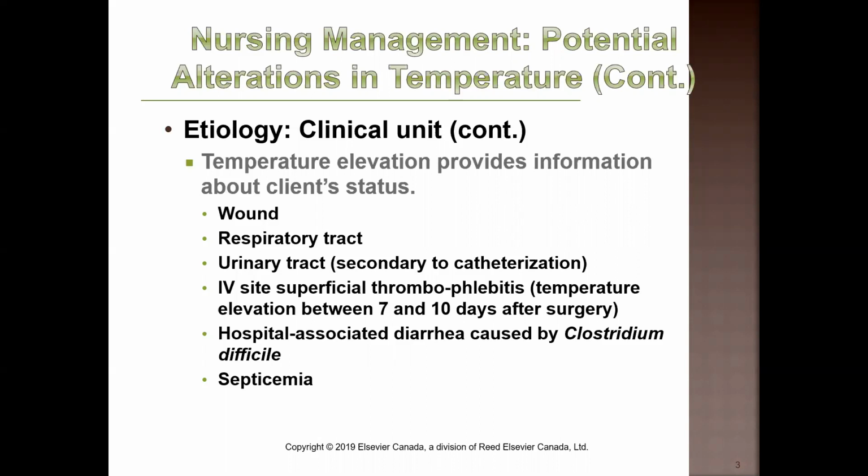The same way that our GI system goes to sleep when we are involved in GI surgery, those cilia are not effective. And so we are not able to clear, just at a cellular level, secretions as well from our lungs. Additionally, patients post-op typically are going to have some difficulty with deep breathing and coughing if I've had any thoracic or GI kind of surgery, because of the pain it causes.